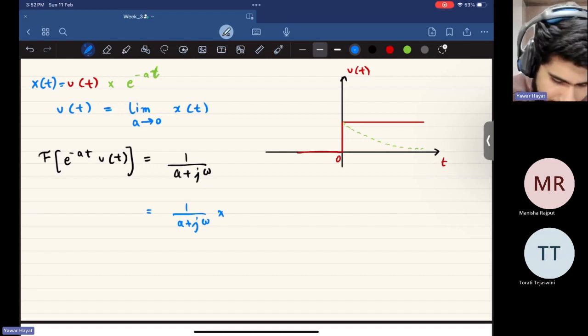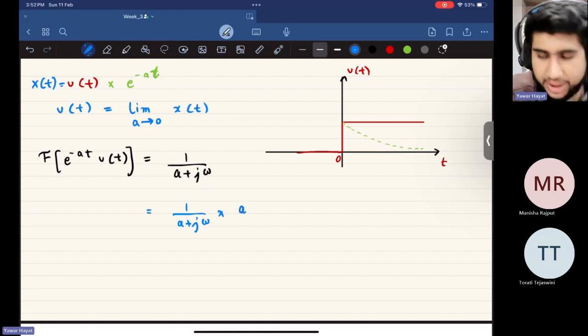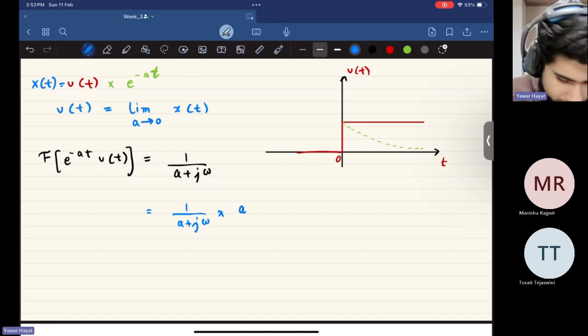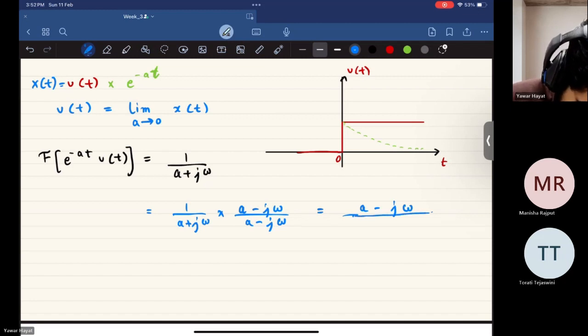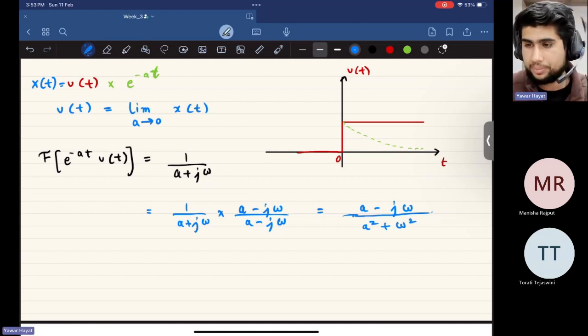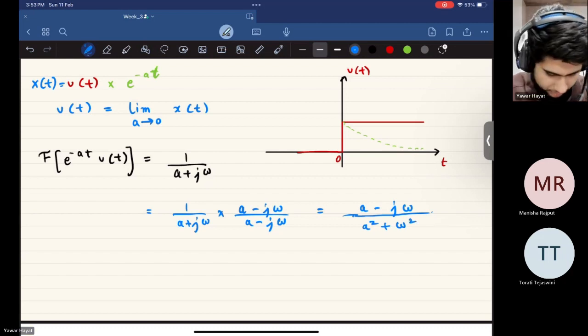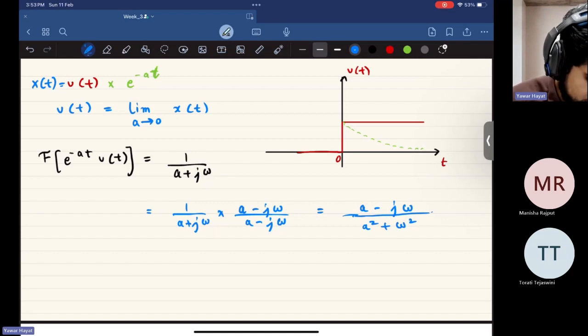So I would multiply and divide by the complex conjugate, a minus j omega by a minus j omega. What is that? Agreed? Will I get this?